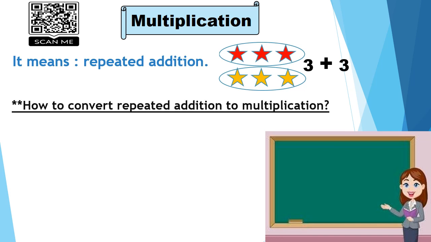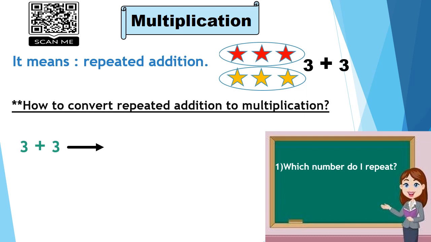Now, how do we convert this repeated addition to multiplication? We have 3 plus 3, and I want to convert it to multiplication. Our teacher here will help us, and she told us we must ask ourselves 2 questions. The first question is, which number do I repeat? 3.